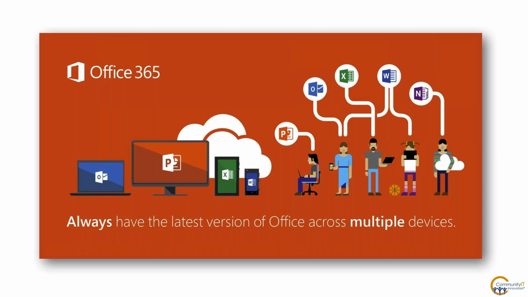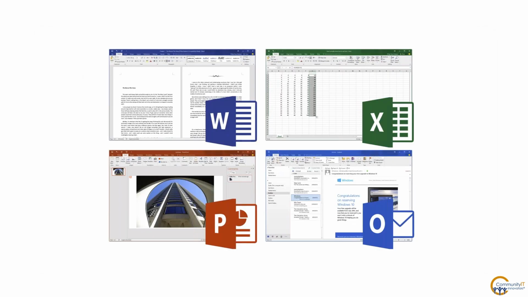So Office 365 is Microsoft's cloud-based productivity suite, and it was originally built to support the core set of productivity services provided by the Microsoft Office application, which has been around for over 20 years now.